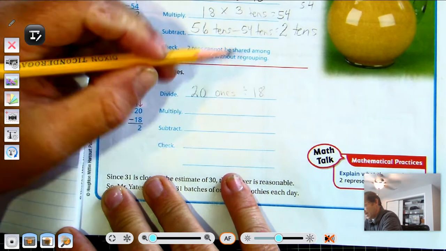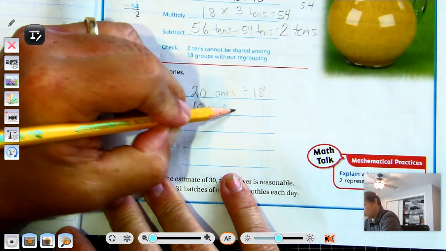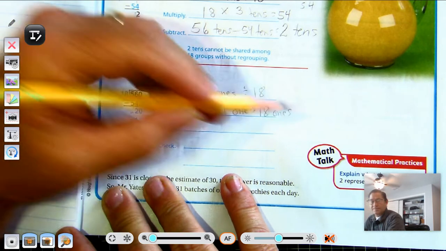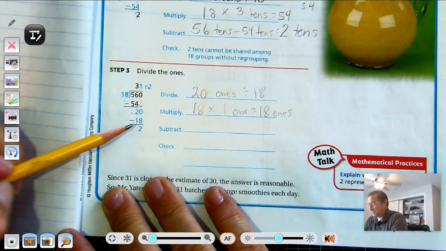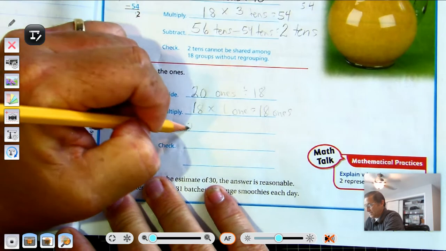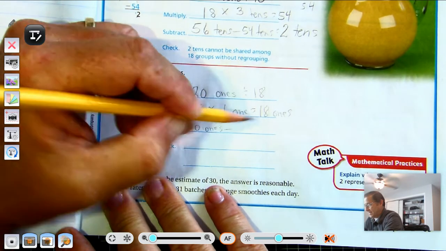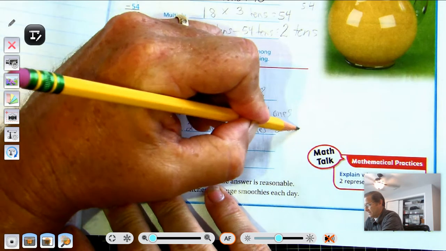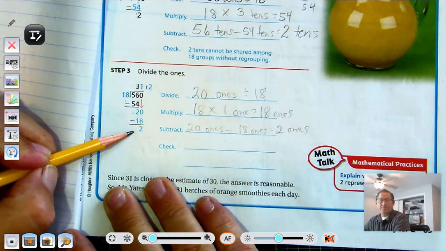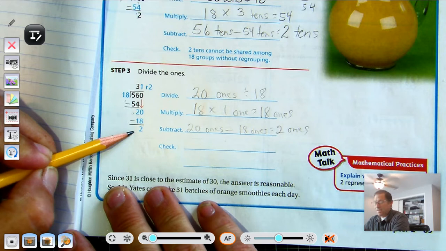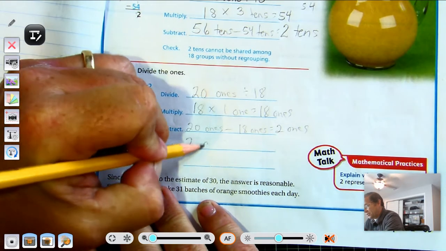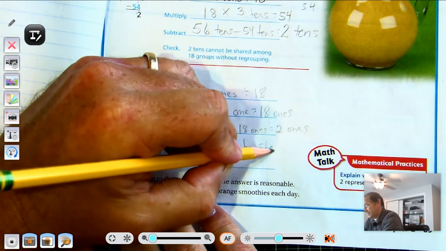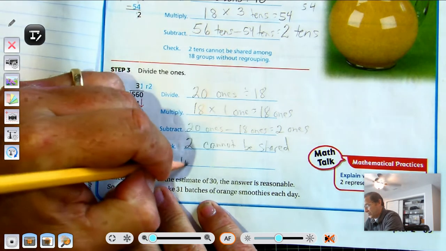So we'd multiply 18 times 1, which gives us 18 ones. We subtract 20 ones minus 18 ones, and that gives us 2 ones left over. 2 cannot be shared with 18 groups.